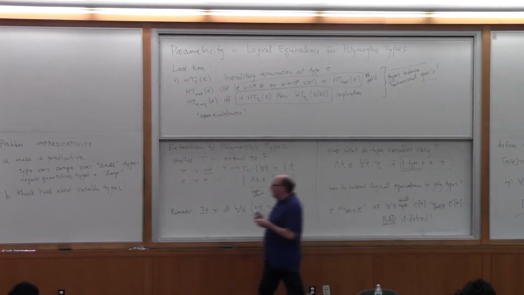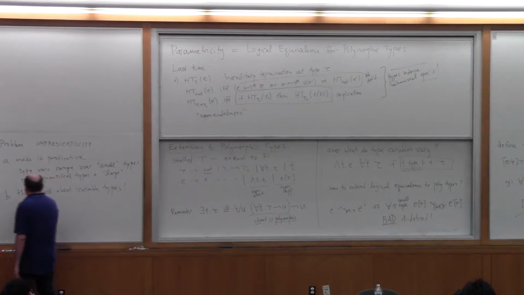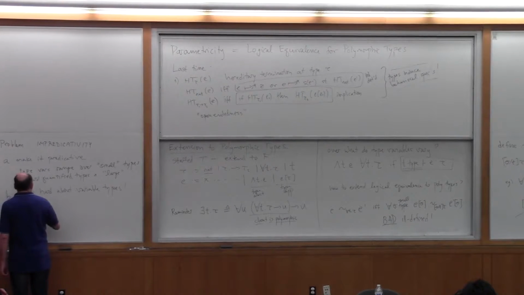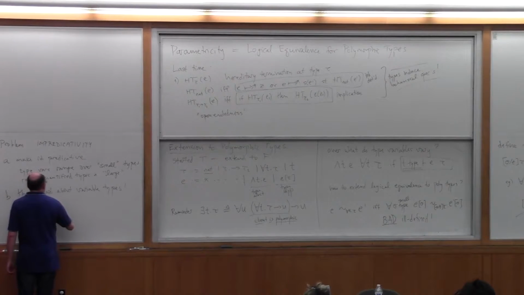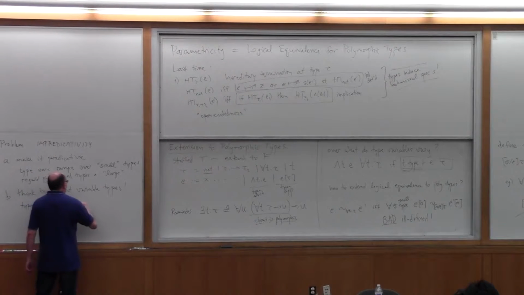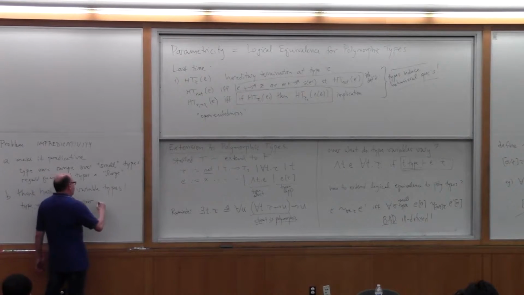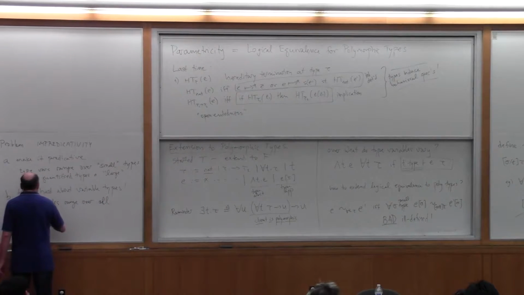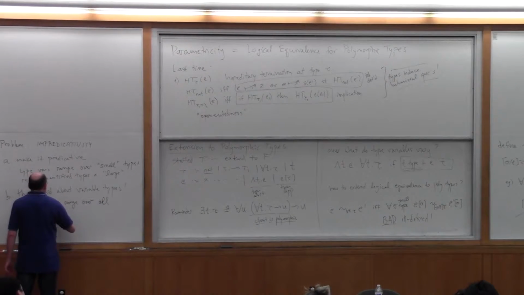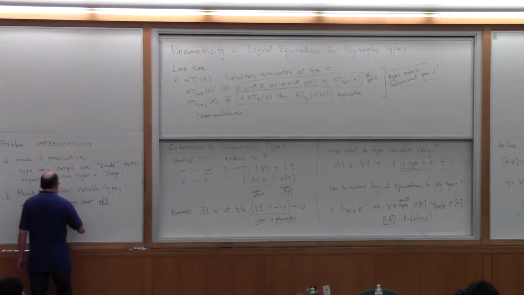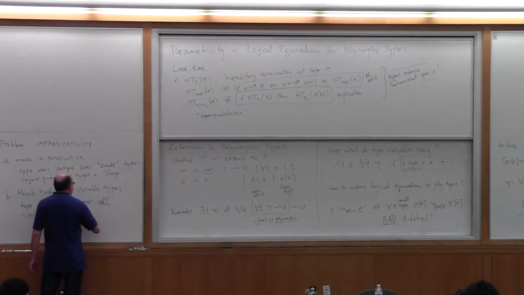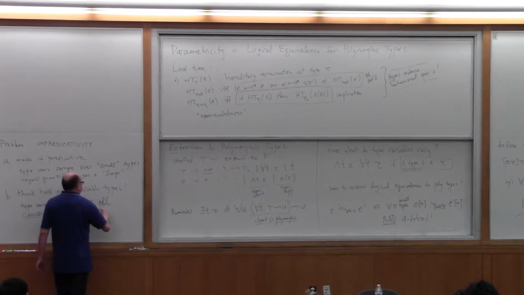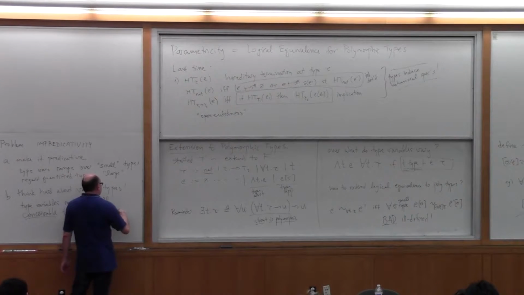What I want to do is say that type variables range over, for lack of a better way to formulate it, all conceivable types. That's kind of a tricky business. All conceivable types, not just the ones you can write down in this particular language.